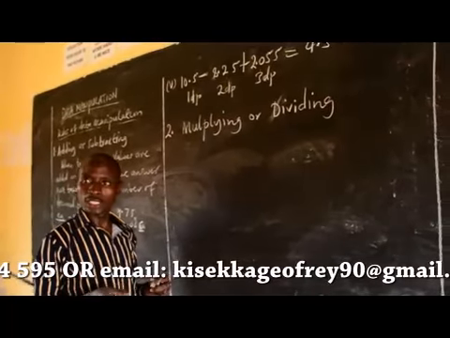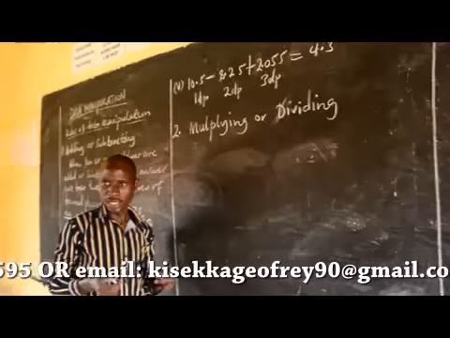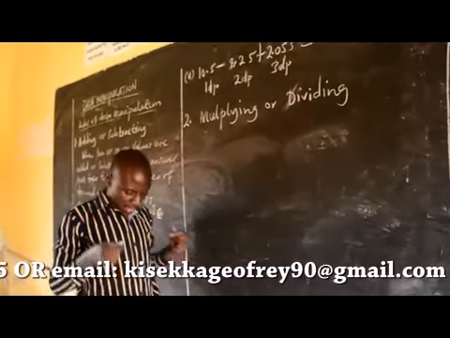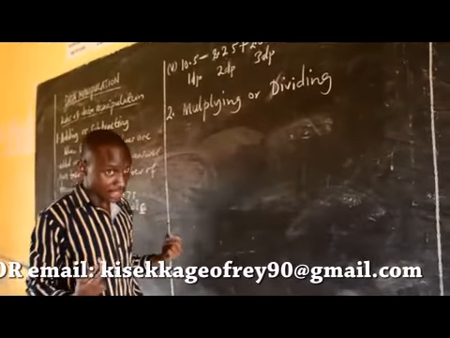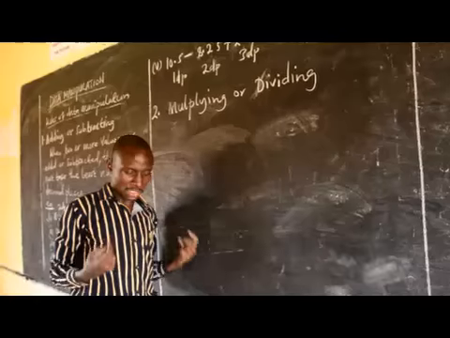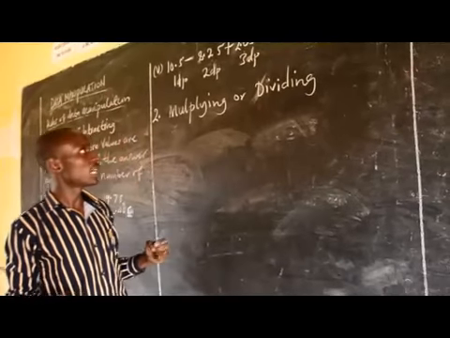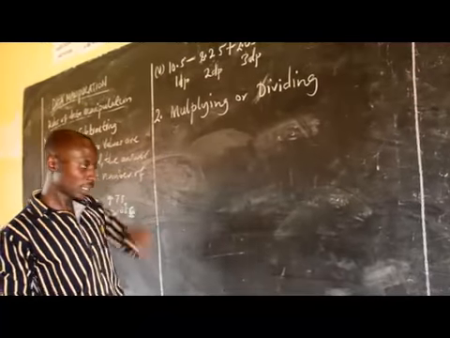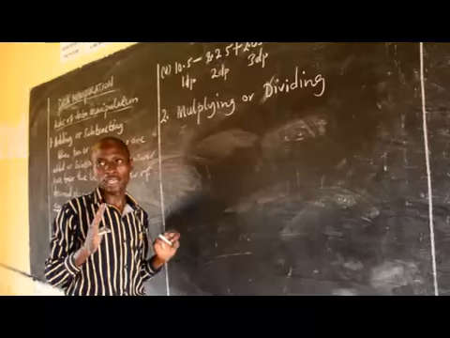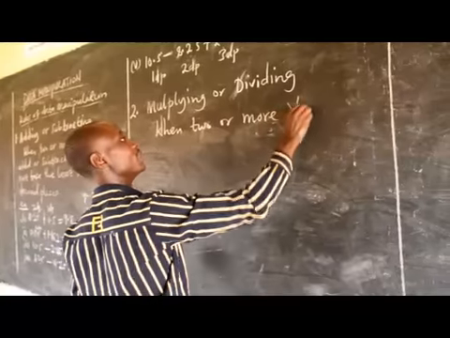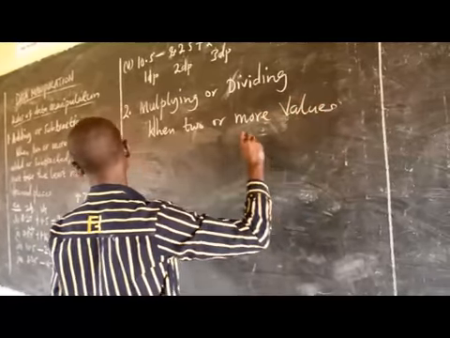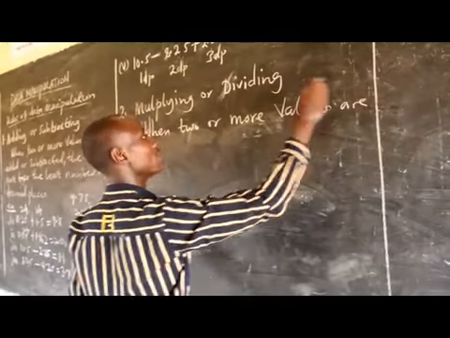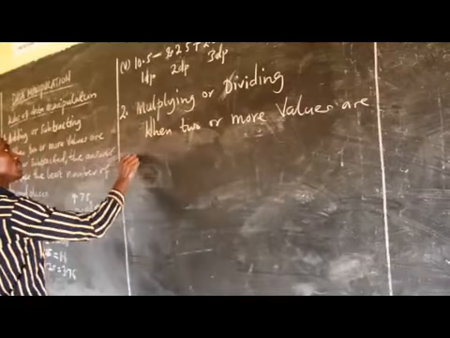We talked about decimal places in addition and subtraction. But for multiplication and division, we talk about significant figures. So here you have to be fit in significant figures when values are multiplied.